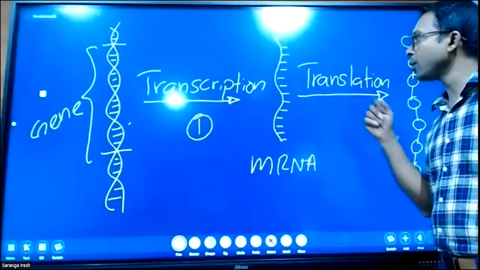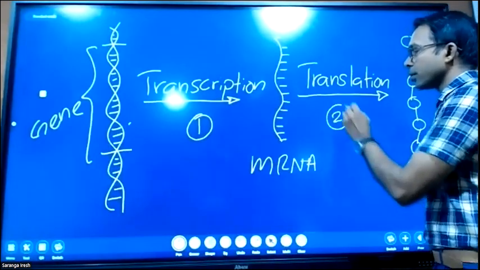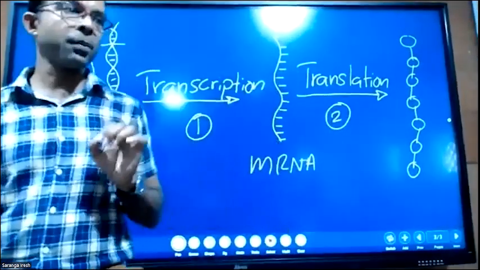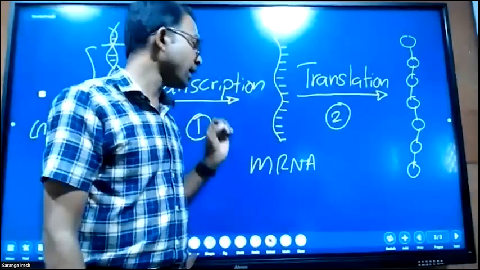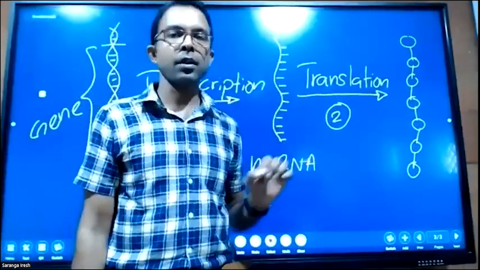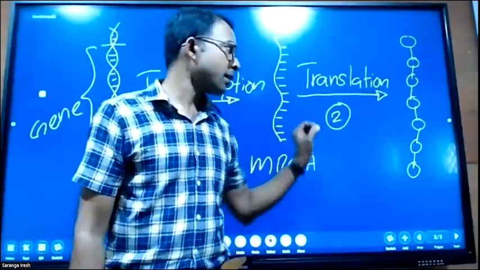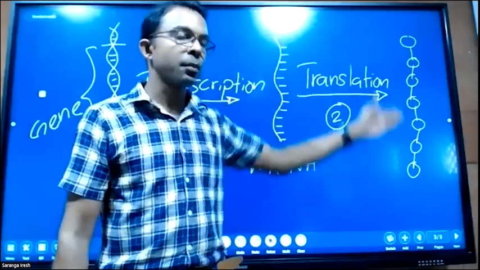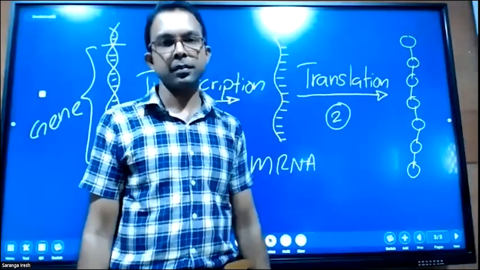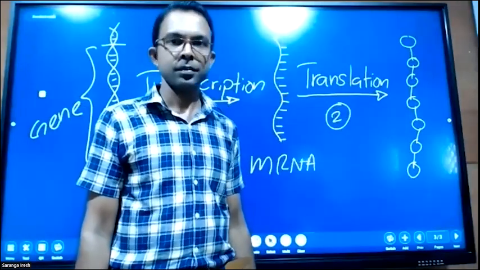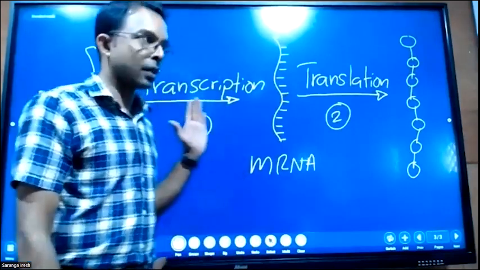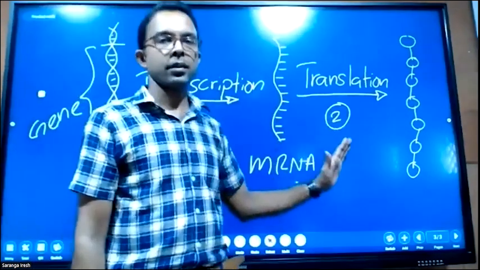That is what happens during the translation process. In the transcription process, it synthesizes an mRNA molecule. In the translation process, it synthesizes the amino acid sequence, the polypeptide chain. These are the two steps of protein synthesis: transcription and translation.